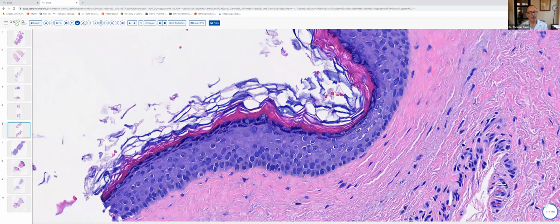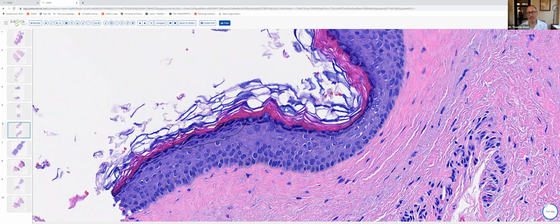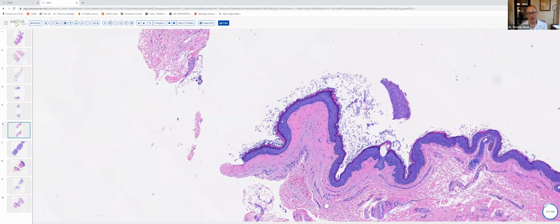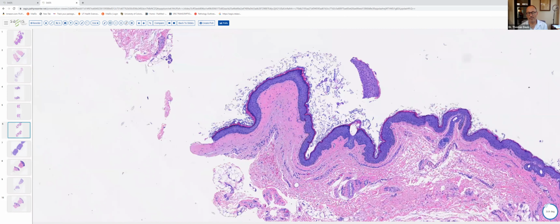Unlike the oral mucosa that we looked at, it's keratinizing with interposition of a granular layer. And there's the production of loose basket weave keratin within the central portion of the cyst. And so the lining resembles surface epidermis or infundibular epithelium, and that's very characteristic of a dermoid cyst.